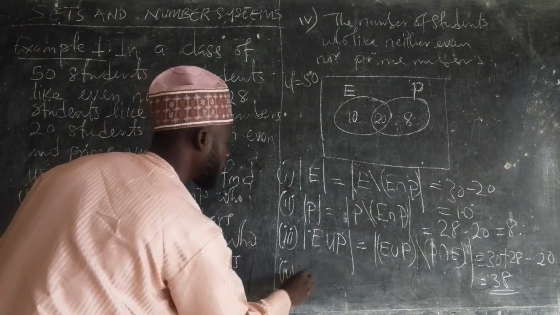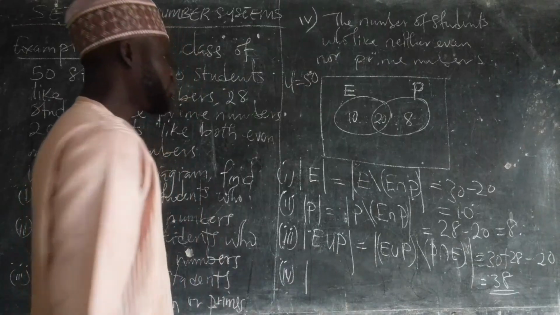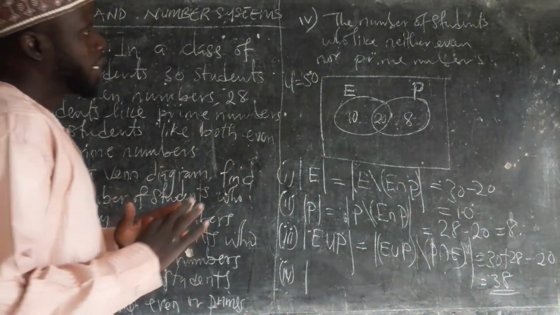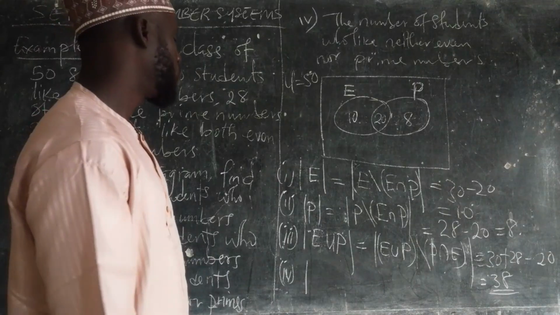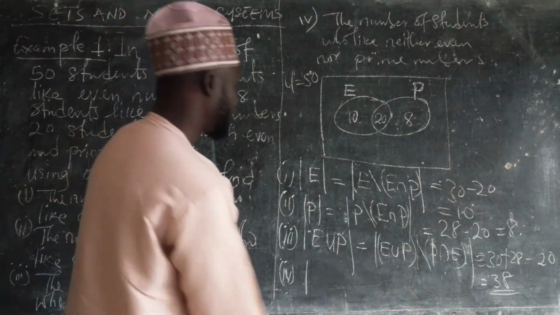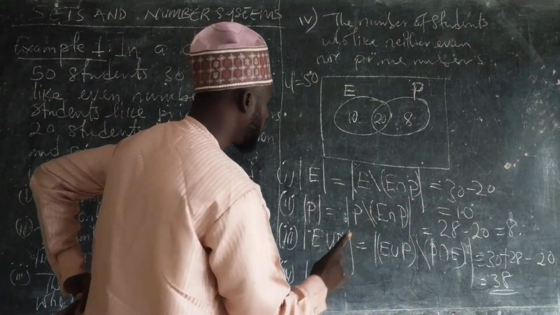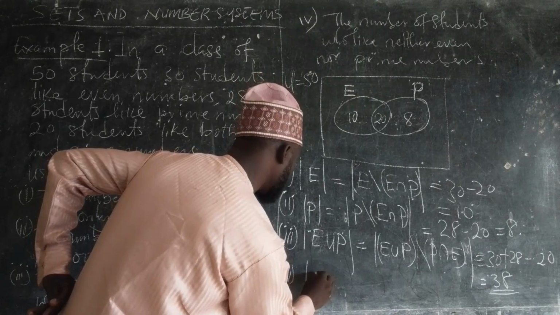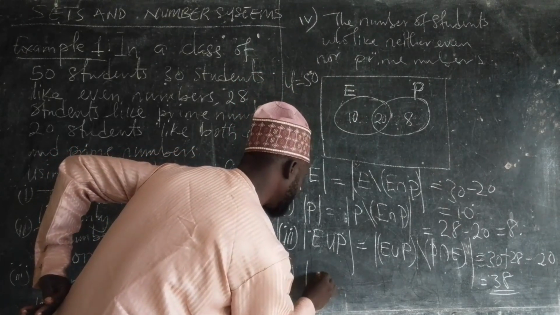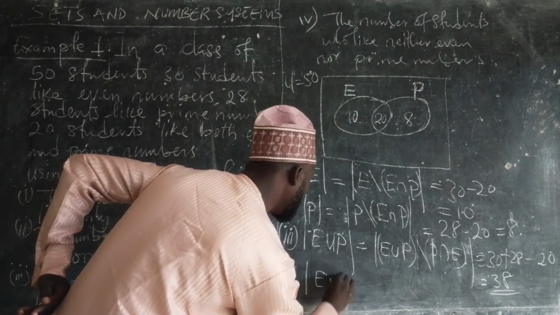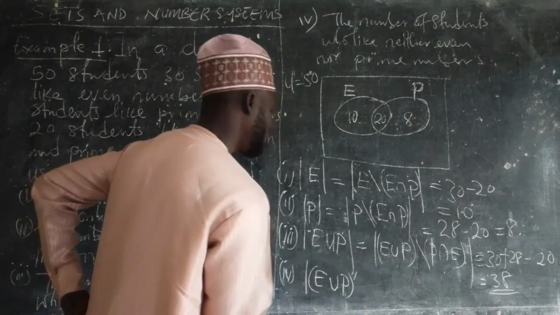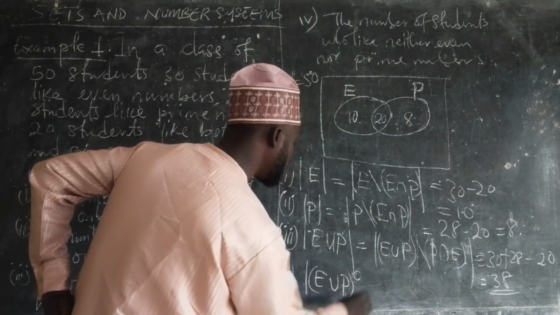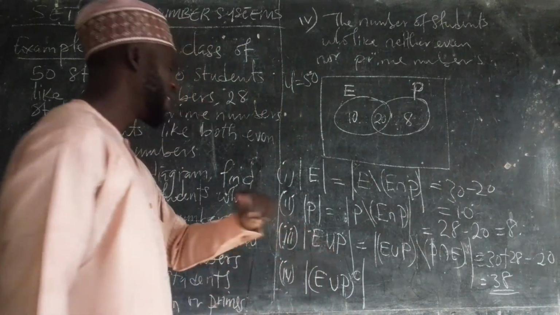So to get this, we need the complement of E union P. This is their size.